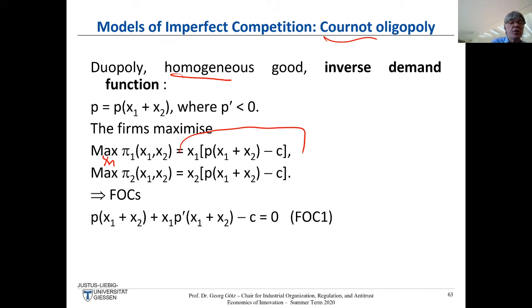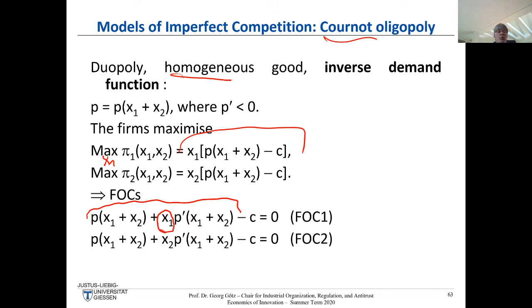Again, this expression is marginal revenue. The only difference from the monopoly position is that this is only the output of firm 1, and in a monopoly case, of course, it would be the market output. And the price depends on market output and not on the output of firm 1. The same holds for firm 2.